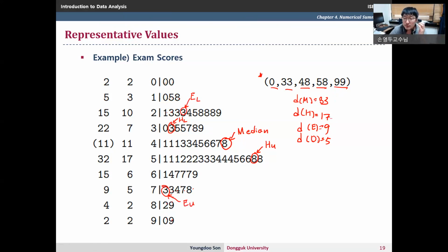And the fifth point is DL and DU. So 1, 2, 3, 4, 5. This one, 18 is DL. And 1, 2, 3, 4, 5. This one, 78 is DU. Okay. So we can make many p quantiles like this.